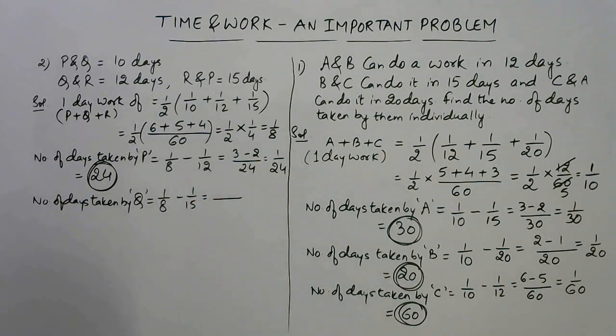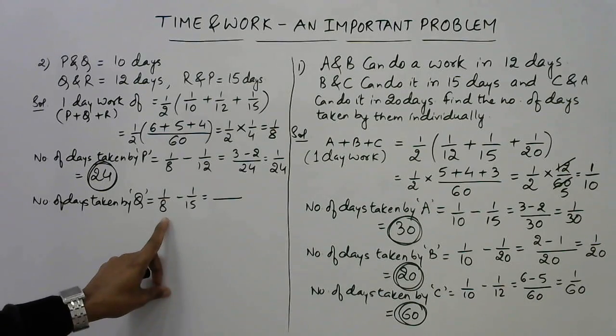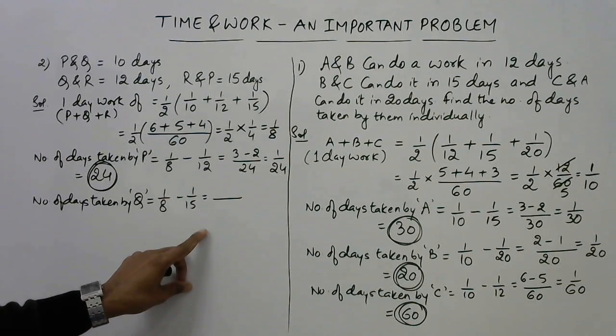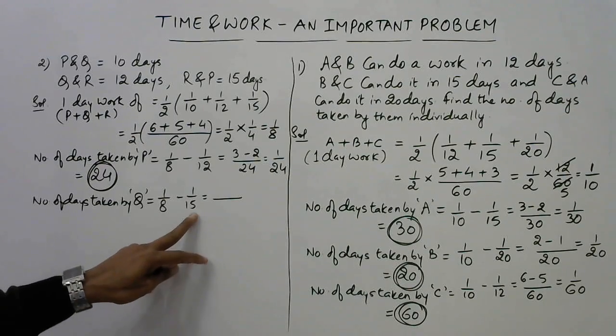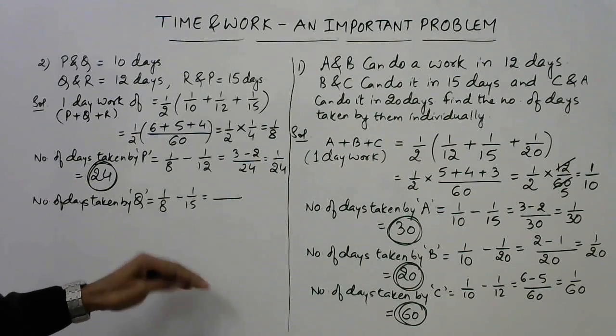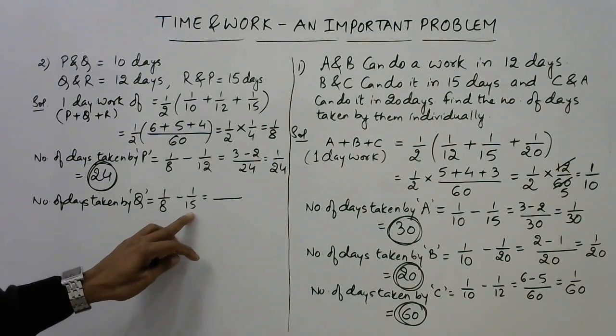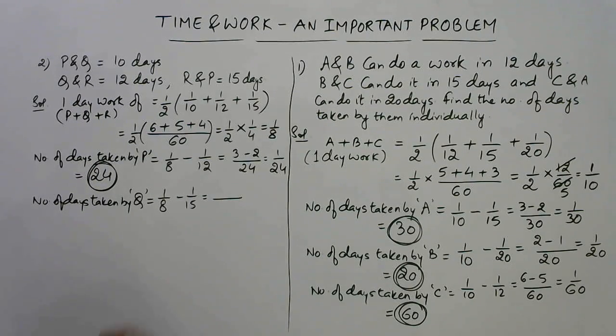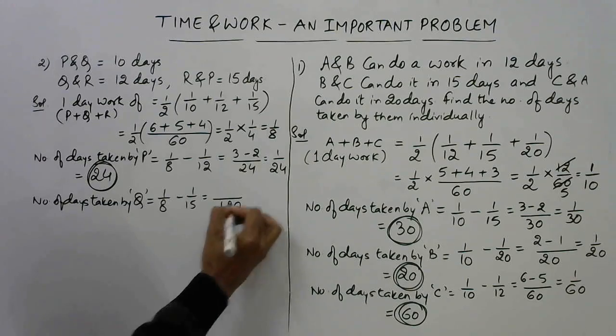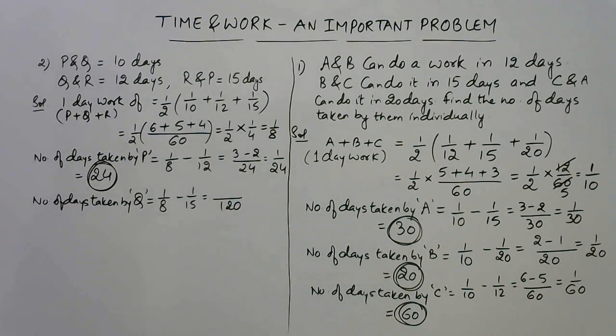Now how about the LCM here? 15 is not divisible by 8. 30 no. 45 again no. 60 again no. So go on and on like this. 75, 90, 105, 120. Yes, 120 is divisible by 8.